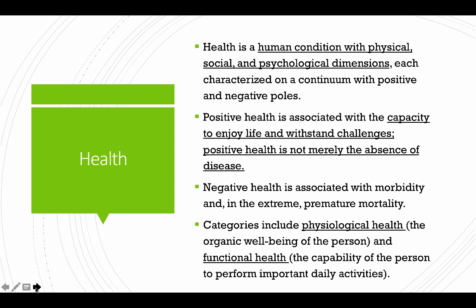So the two different categories under health are psychological health and functional health. Psychological health is your overall well-being. It's mental health. Functional health is really the health of your body and your ability to perform, your capabilities. And that's just daily activities.